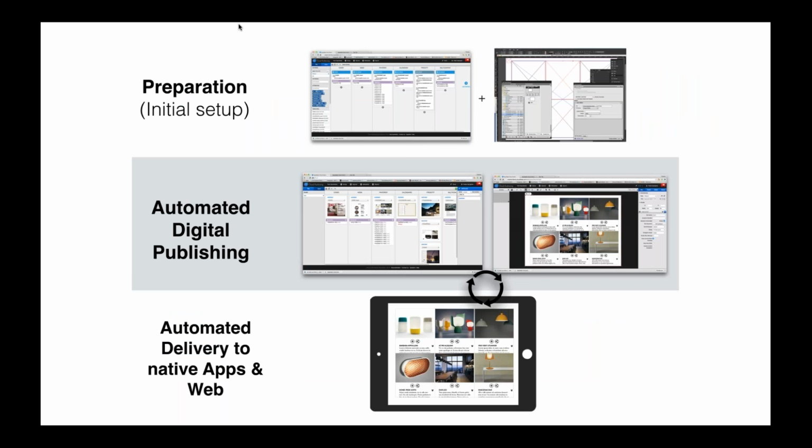How do we usually prepare that? This is in 3 steps. First of all, you create what we have just seen, so the initial flat plan, sections, the rules, and finally, you can see at the top right your layout templates created in InDesign. So you do all of that as a preparation step. Once this is prepared, you can get to the automated digital publishing.